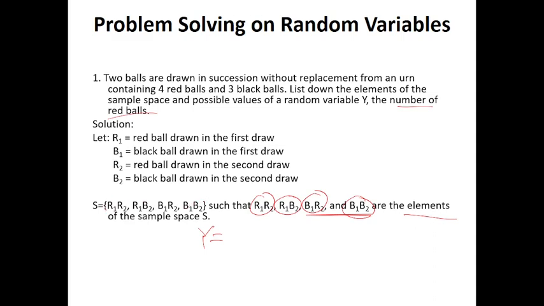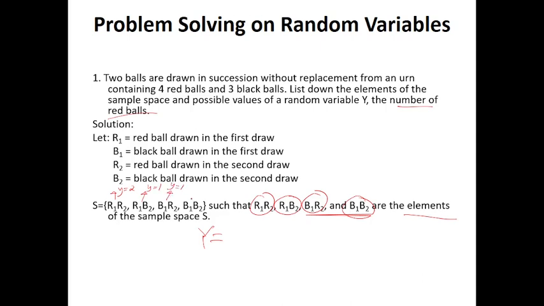In the first outcome, red 1, red 2, what is y? Number of red balls. So you have y equals 2 here, 2 red balls. One red ball here.